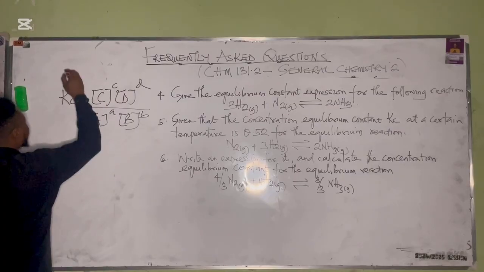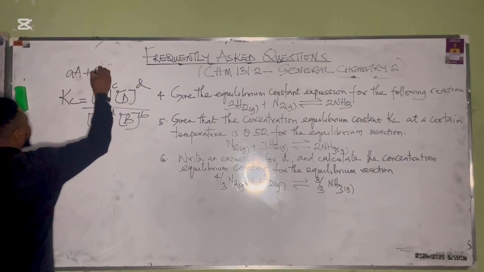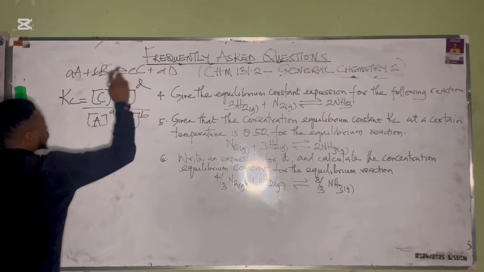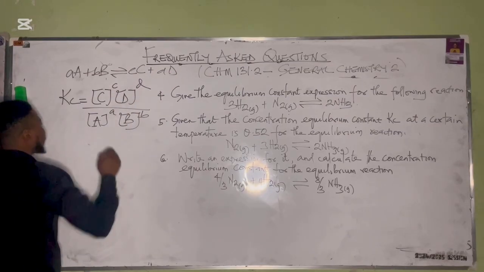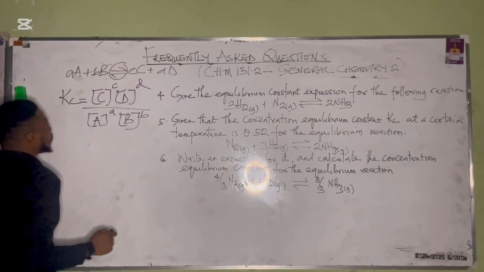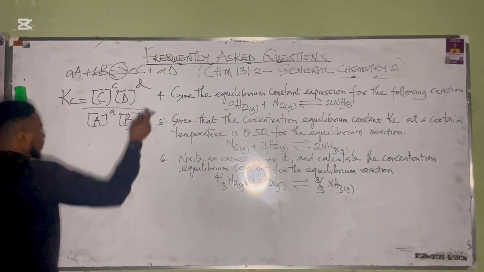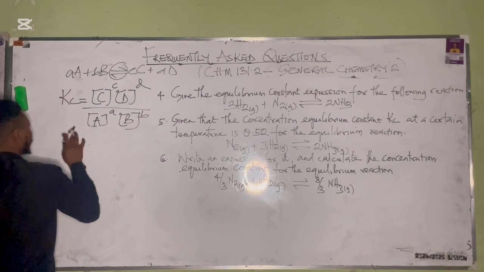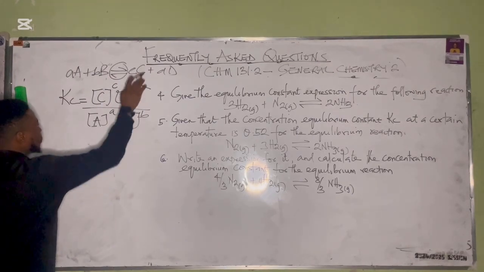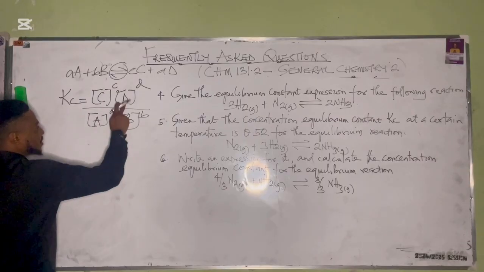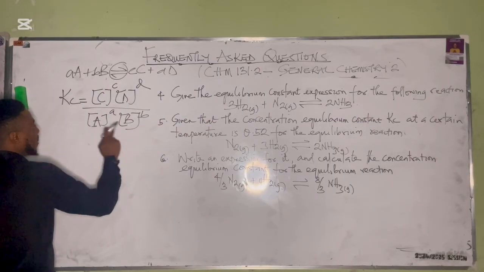Remember, all these things come from aA plus bB to give us cC plus dD. Remember, I introduced this in chemical kinetics. The only difference is that here we have double half arrows to indicate that it's a reversible reaction. So C and D are the products, A and B are the reactants.